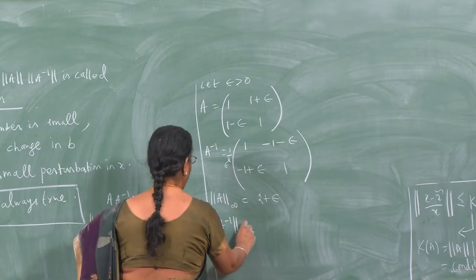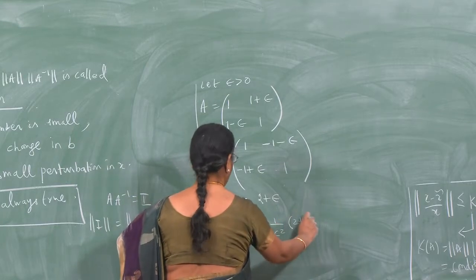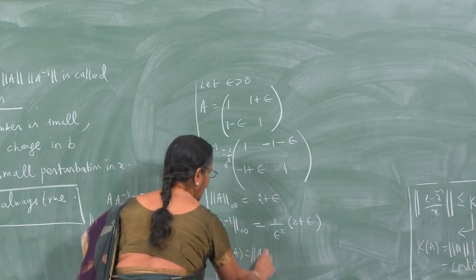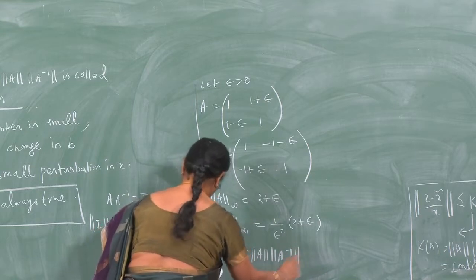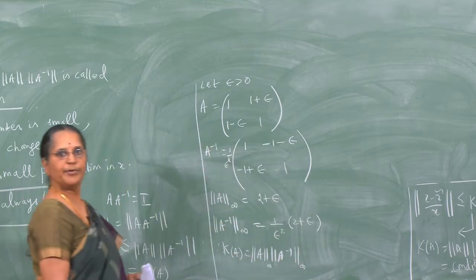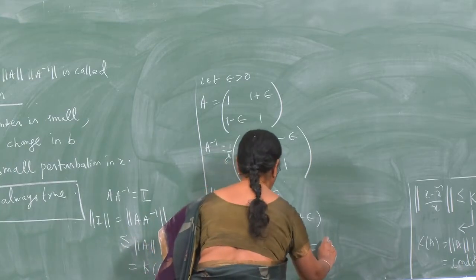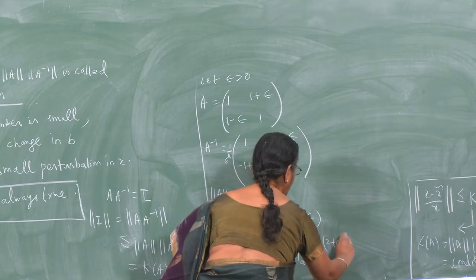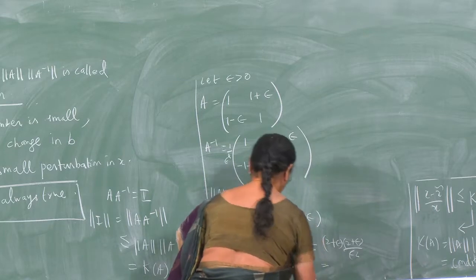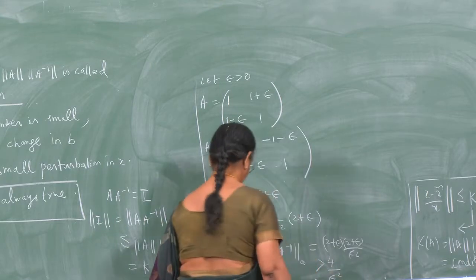Similarly, we compute norm A inverse infinity. That is 1 by epsilon square into 2 plus epsilon again. Therefore, k of A is norm A into norm A inverse, and I choose the infinity norm for computing both. It turns out to be 2 plus epsilon into 2 plus epsilon by epsilon square, which is greater than 4 divided by epsilon square.